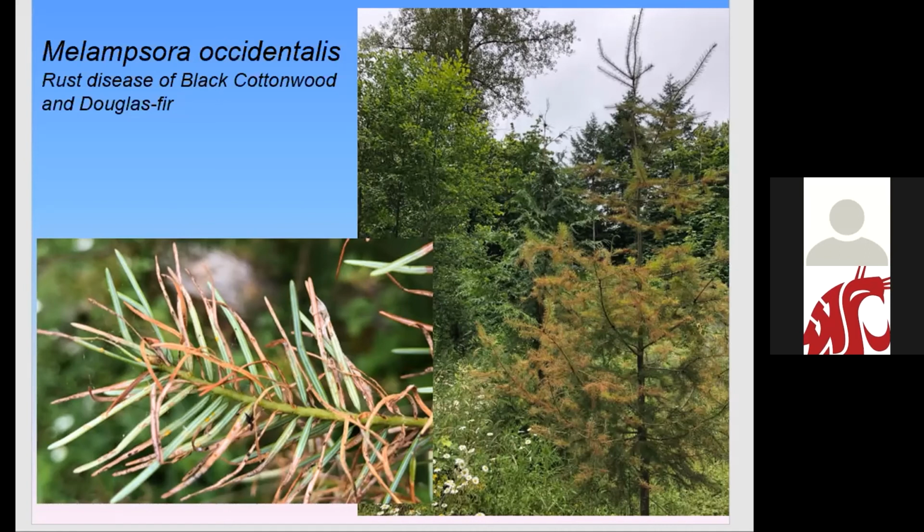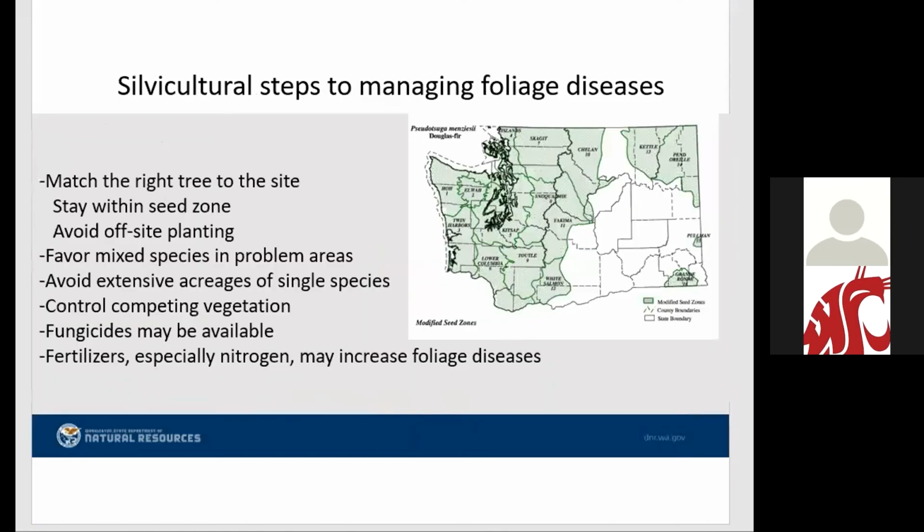Just some obvious silvicultural steps to managing foliar diseases: matching the right tree to the right site. If you're a Christmas tree grower, you're familiar with the fungicides that are available that act as protectants.